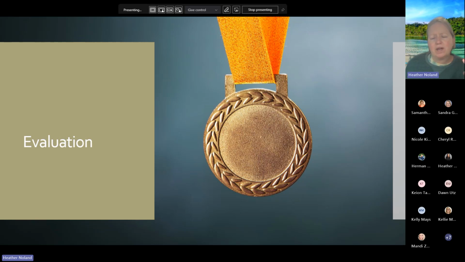You can evaluate a learner to determine, do they move on to the next step, or are they ready to step into another level of education? And Axel pretty much looks at evaluation as a summative evaluation, focusing on whether or not they achieved a certain level or merit badge.